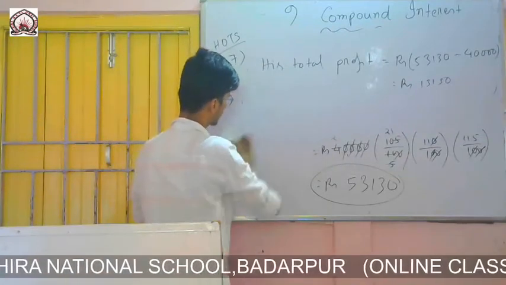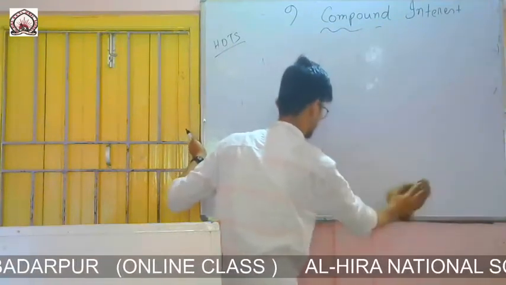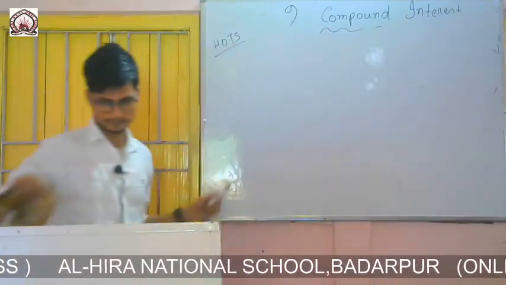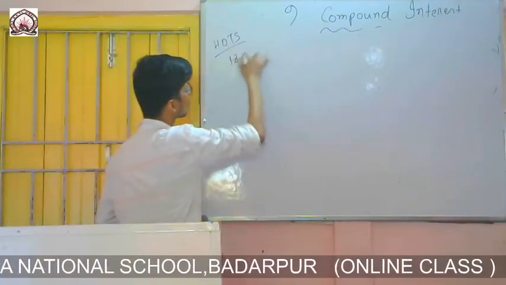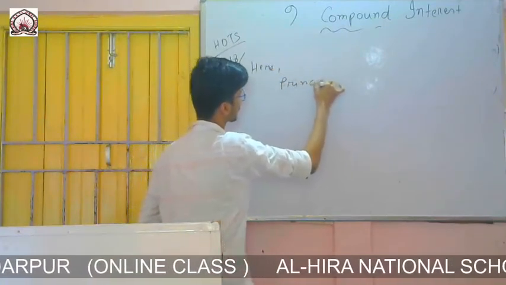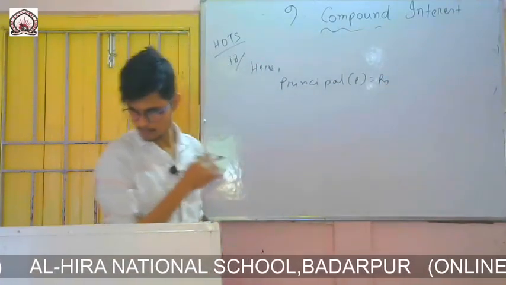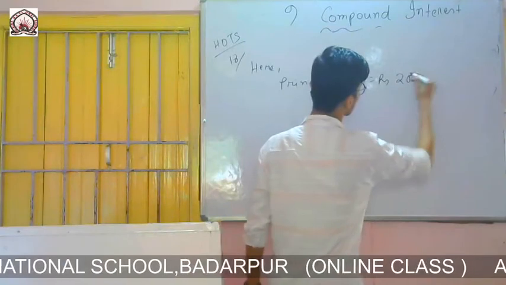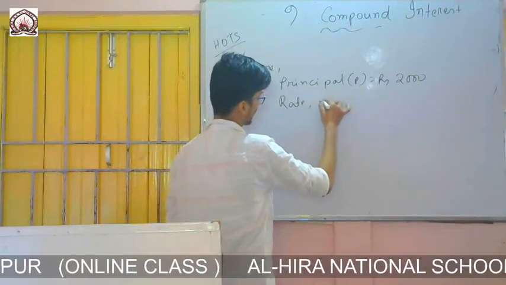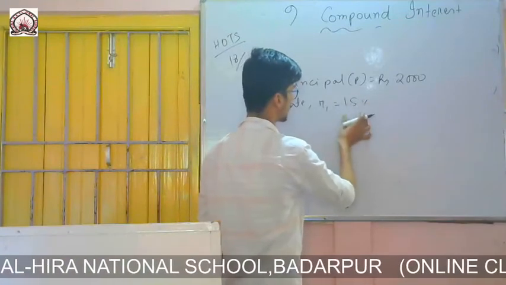Okay, so let me write. Here principal P equals rupees 20,000, and rate R1 is positive 15%, that means there it was a profit.